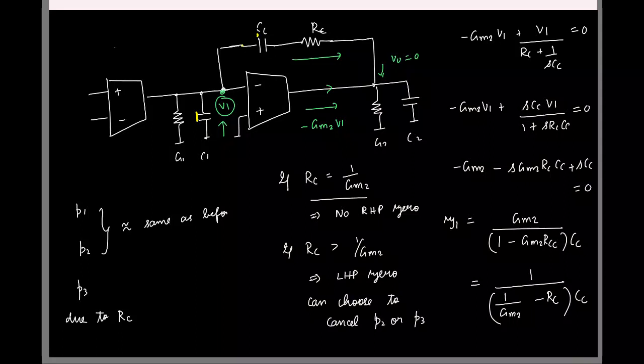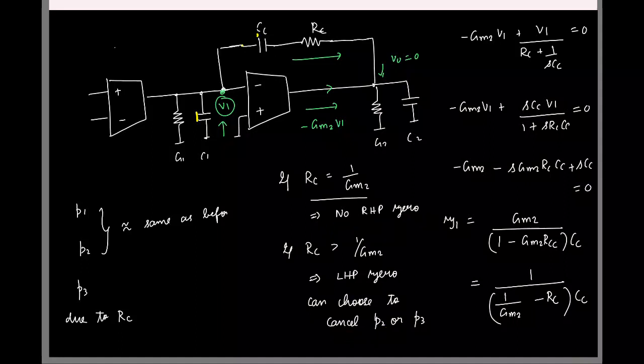This is the common technique that is used. Just put a resistor in series with the capacitor and choose it appropriately so that either you eliminate your RHP 0 or choose a large enough value so that you introduce a left half plane 0.